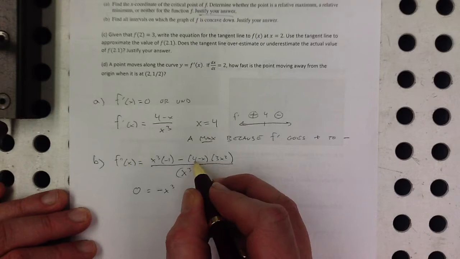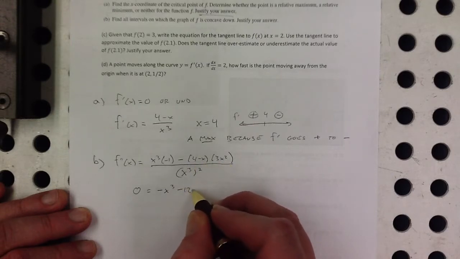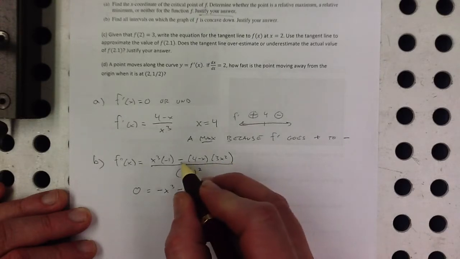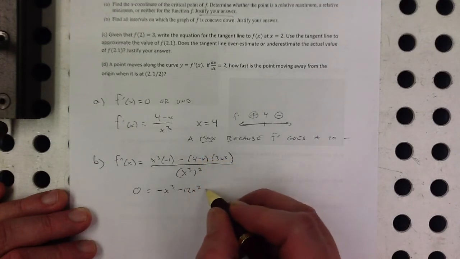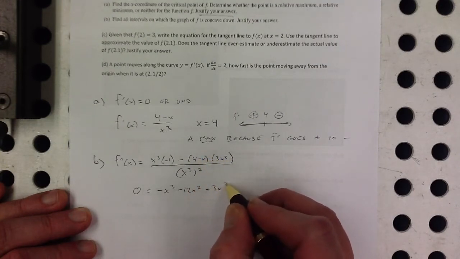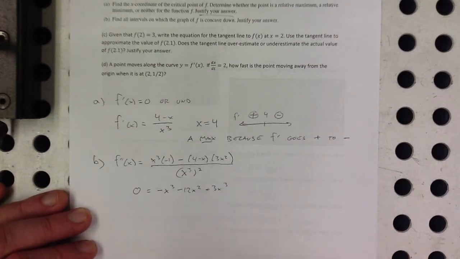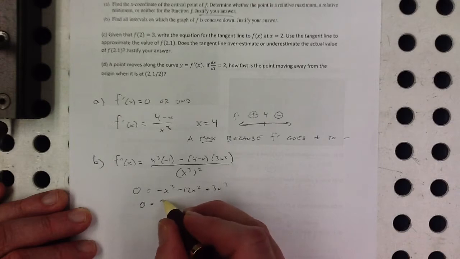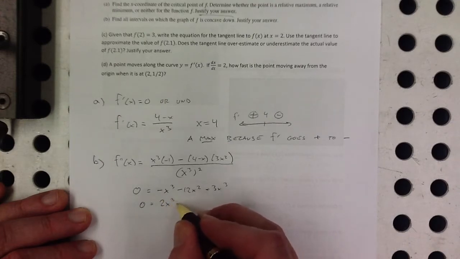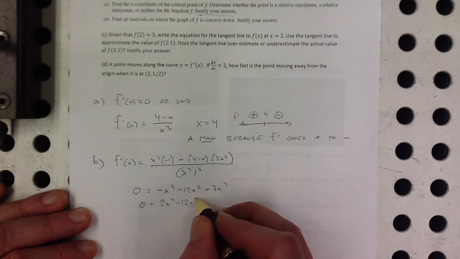So I have minus 4, that's minus 12x squared, and then plus 3x cubed. So that's 2x cubed minus 12x squared.